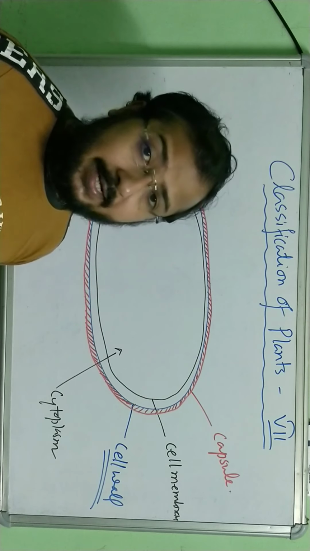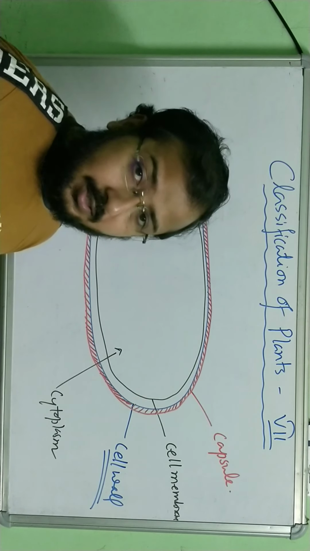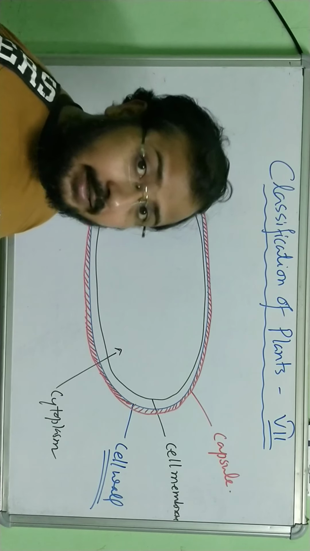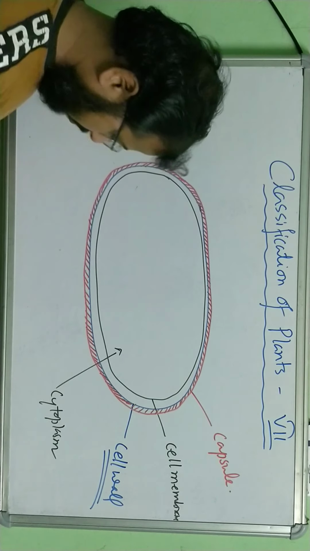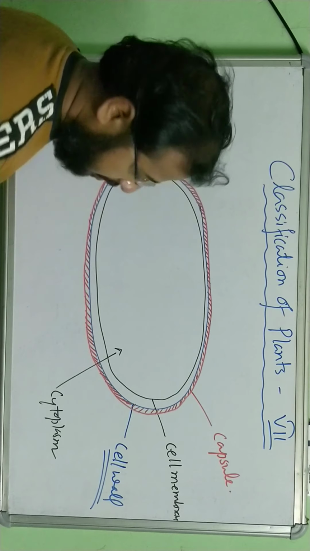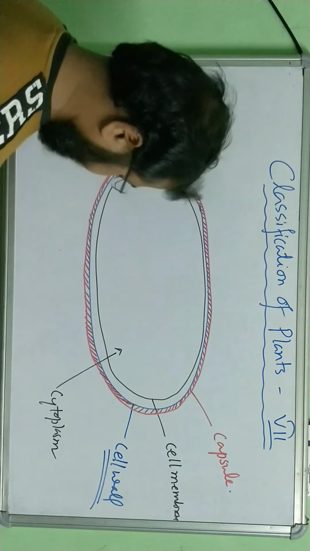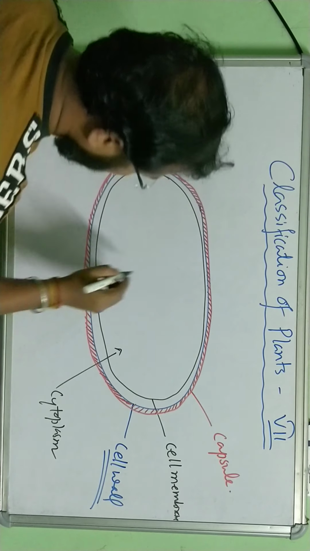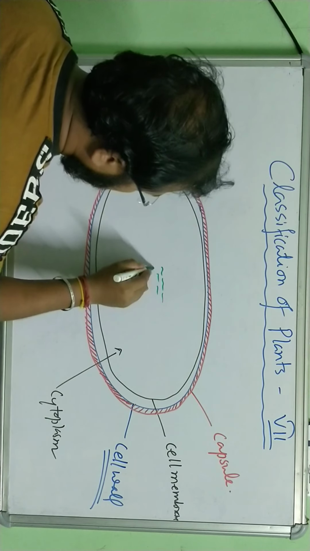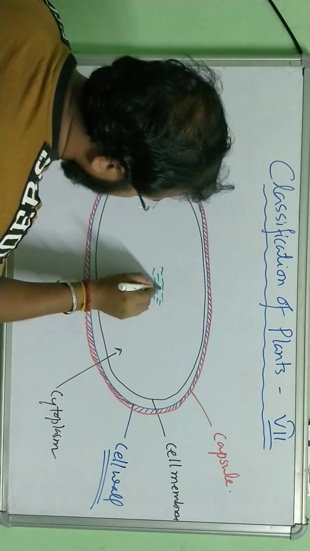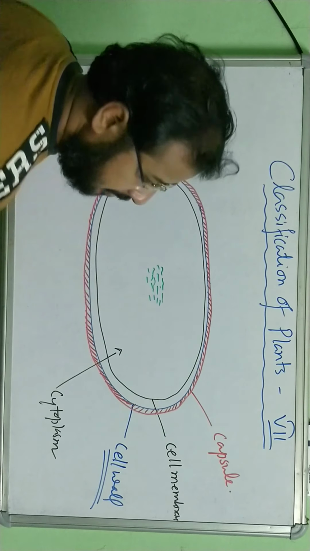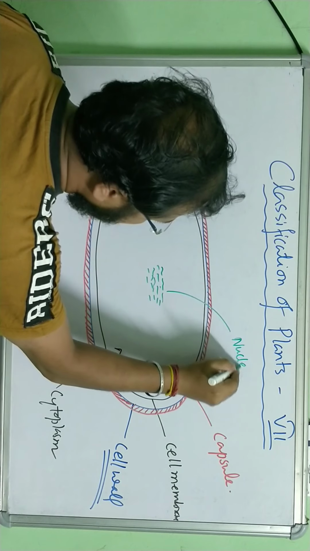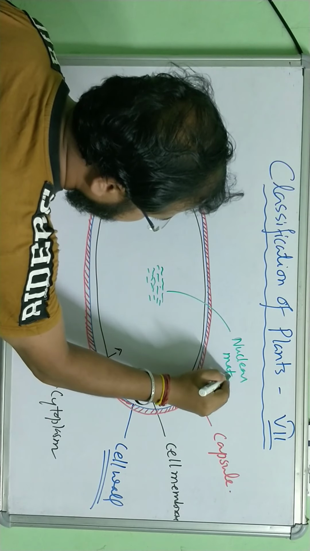As it is a prokaryote, it doesn't have a well-defined nucleus, but it has nuclear material. Suppose the nuclear material, the genetic substance, is present here at the center.